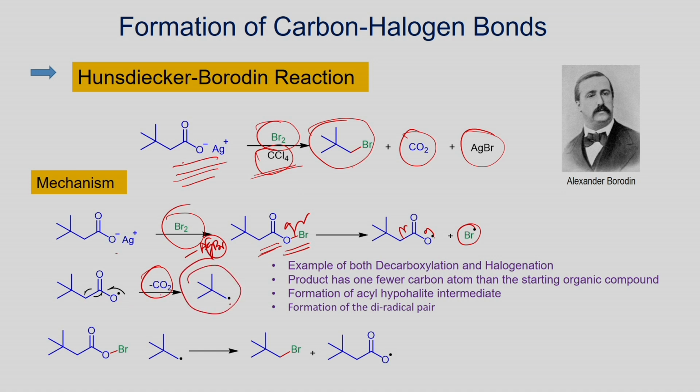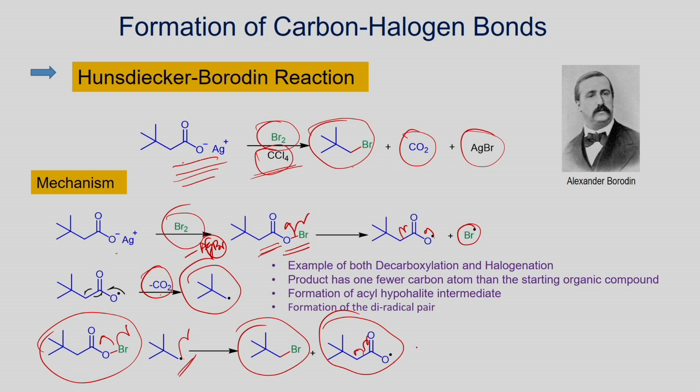This radical can further react with the substrate here. This radical can now react with this one, and you will be able to form this alkyl bromide. You form this radical, which can now lose carbon dioxide, and you will be able to form another radical.